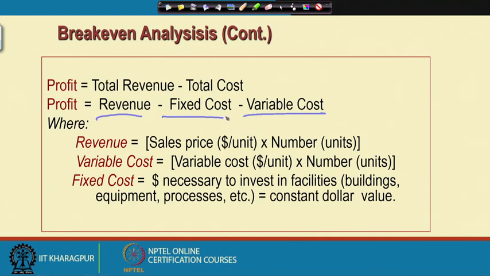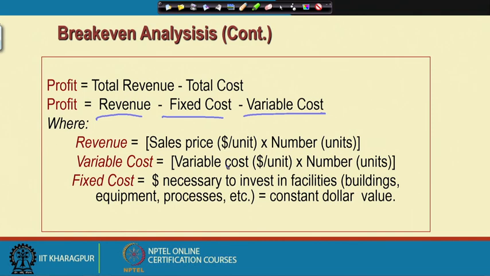Revenue is the sales price and the quantity to be sold, which gives the sales revenue. Variable cost depends upon quantity, so variable cost is multiplied by quantity, that is VQ, and fixed cost is independent of quantity.